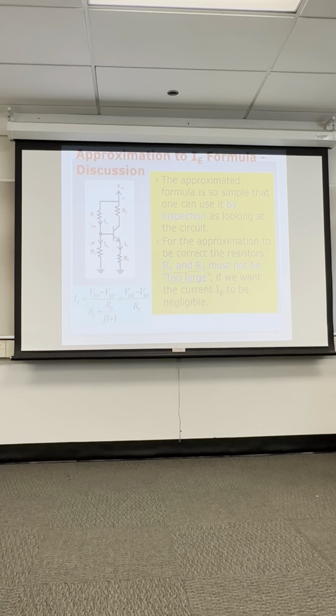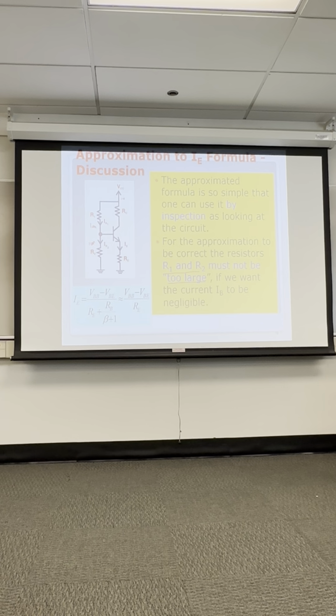R1 is 10 meg ohm, R2 is 10 meg ohm, the battery is 10 volts. So what's the base voltage? What formula do we use to calculate the base voltage? We use our voltage divider equation.